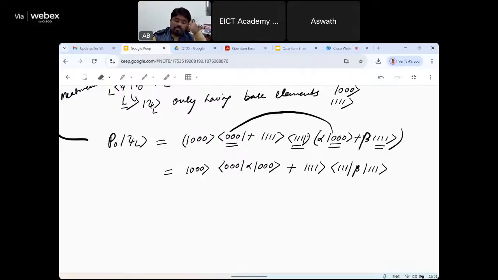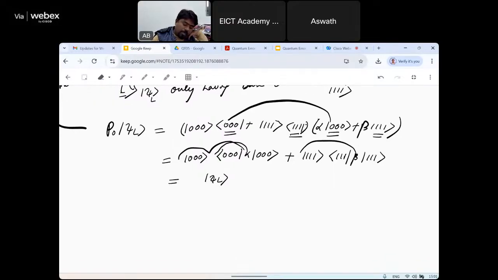The other 2 terms are 0. You can take the alpha out, it is a constant you can put anywhere. So you would get psi L itself. And now when I multiply P naught psi L on the left also by psi L, what you get is psi L with psi L, which is equal to 1.